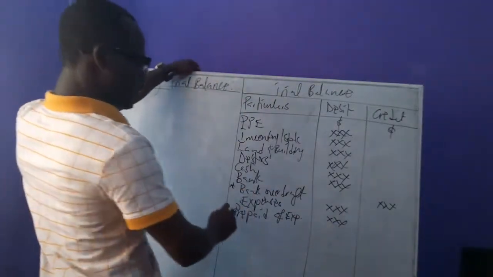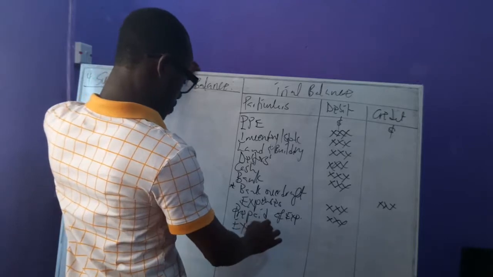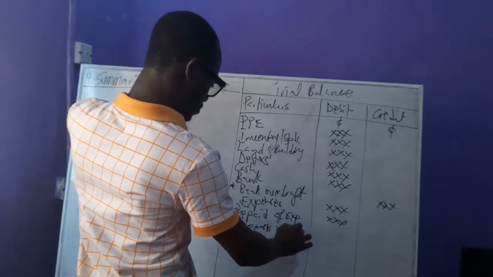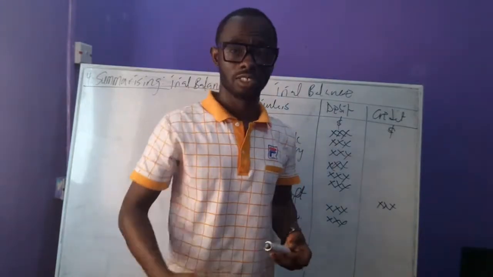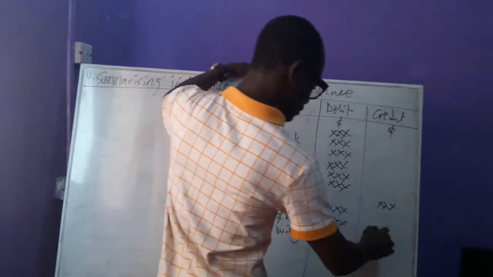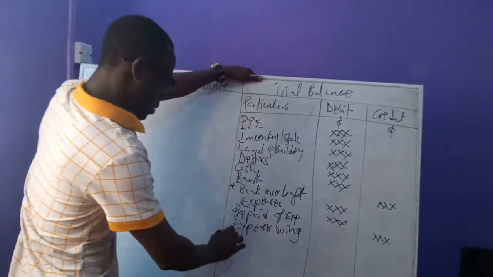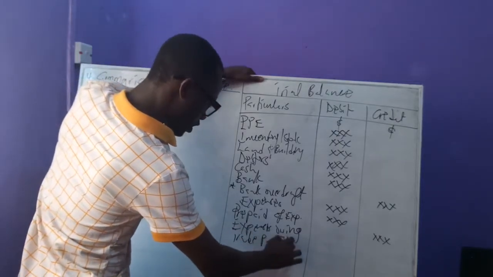Then expenses owing. If at the end of the year you have some expenses outstanding that you've not paid, then it's a liability. You credit it. So trade payables keep credit balance.